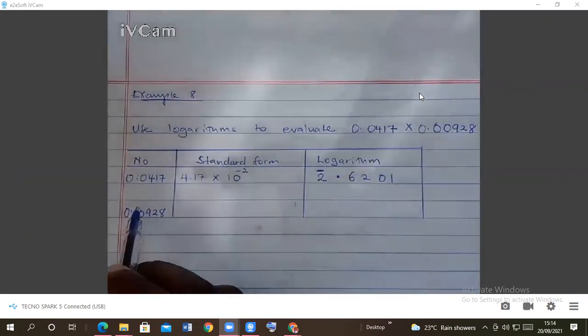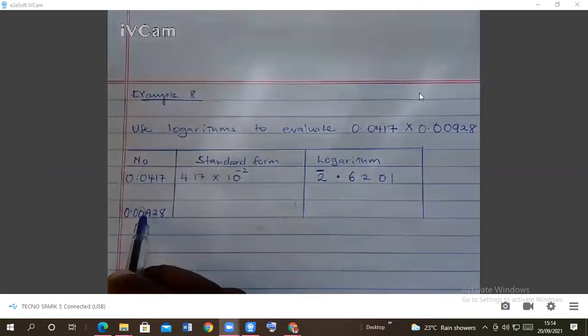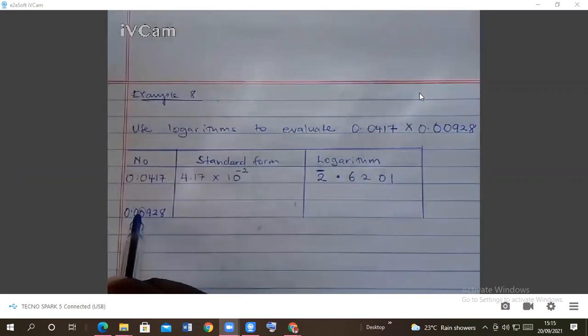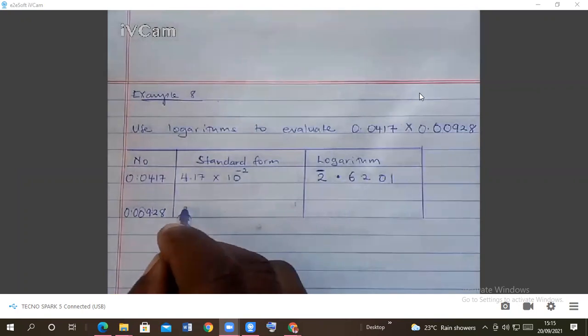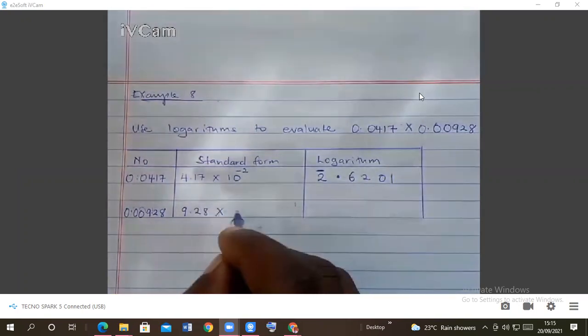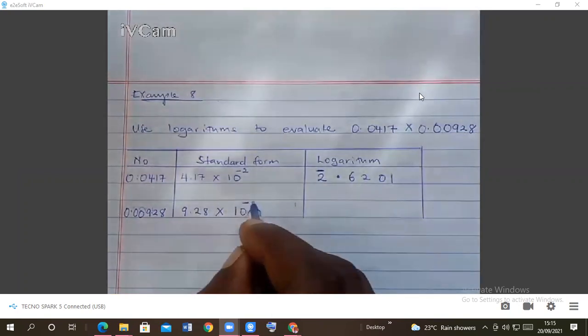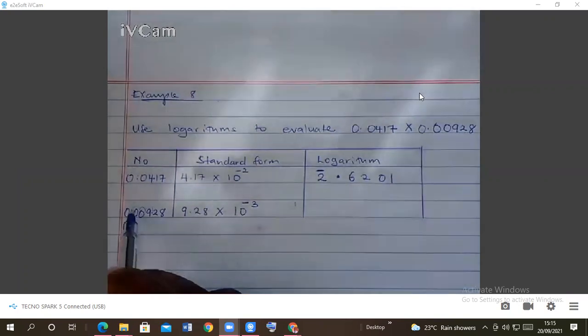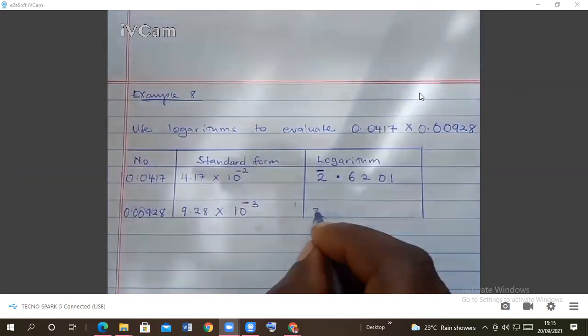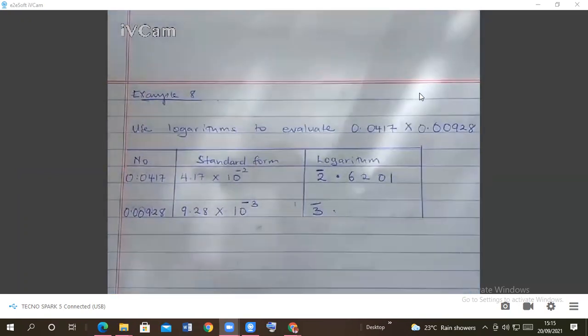This is 1, 2, and 3. I repeat again. This is 1, 2, 3 point. So I have 9.28 times 10 to the power negative 3. So I'll come and write here 3 bar, then point.